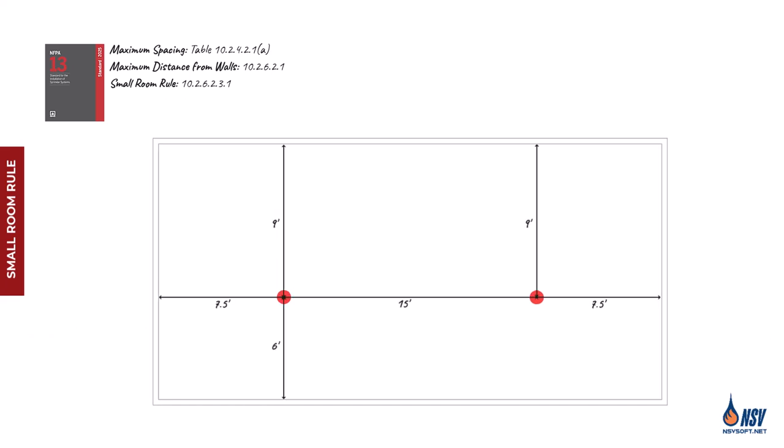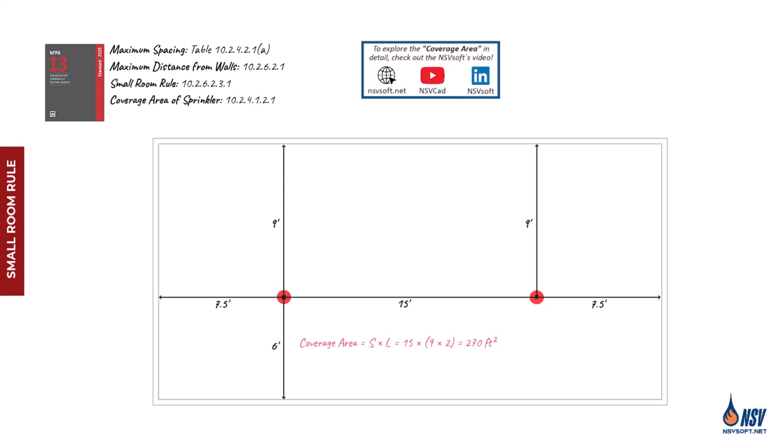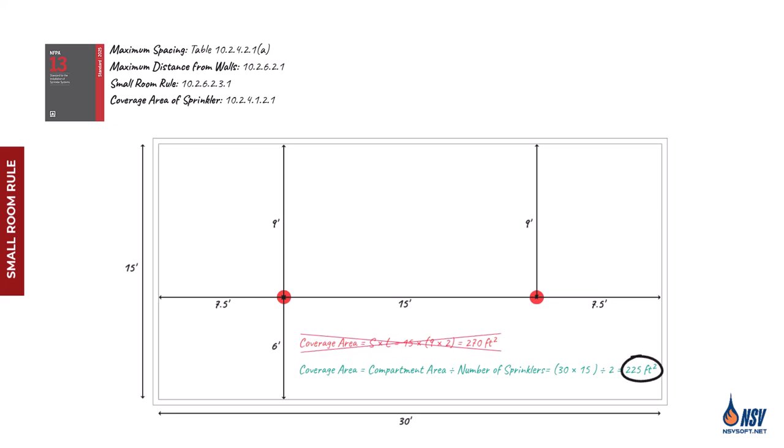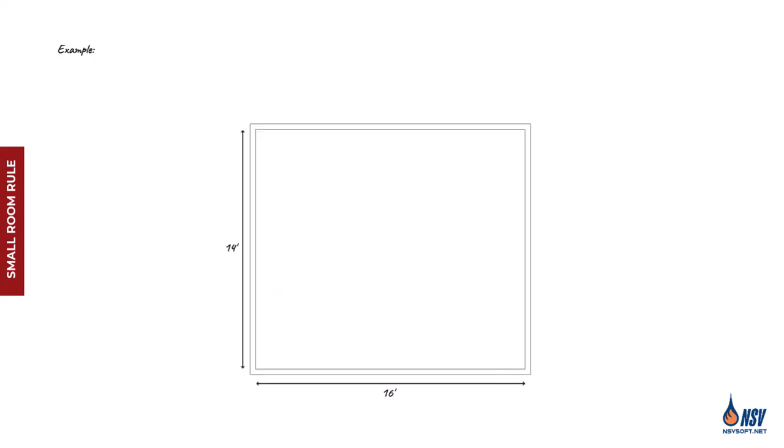It's important to note that when the small room rule is applied, the sprinkler coverage area is not calculated using the typical S by L method. Instead, coverage is based on the actual area of the room divided by the number of sprinklers within it. Keep in mind that the calculated average area per sprinkler must not exceed the maximum values specified by NFPA 13. To review the requirements of the small room rule in this example, let's assume Table 10.2.4.2.1(a) specifies 225 square feet as the maximum allowable coverage area per sprinkler.